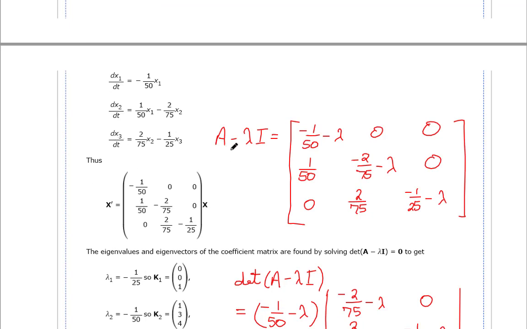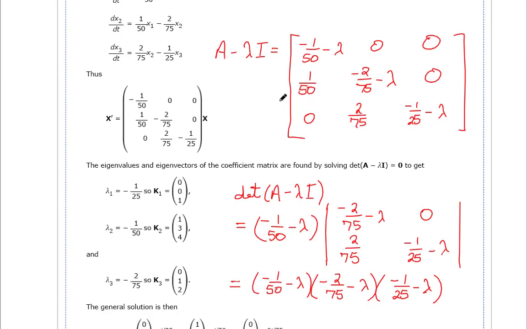You form A minus lambda I. All right, so that's just minus lambda on each of the diagonals. Now to get the eigenvalues, I simply need to find the determinant. Well, the determinant of this is fairly easy because I can expand by the first row and I only have this one element. So it's that element times this smaller 2 by 2 determinant.